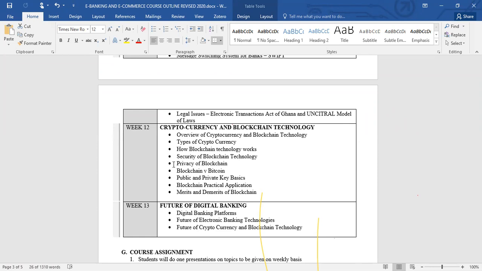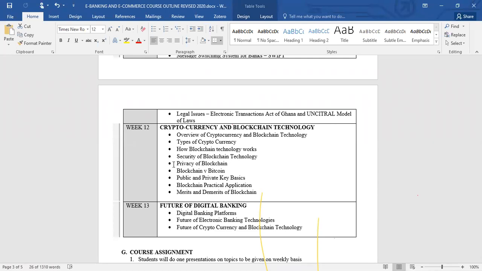A lot of countries have accepted Bitcoin as legal tender, so you can use your Bitcoin to pay your taxes and other things in the country. In countries like Japan, Bitcoin is legal tender.